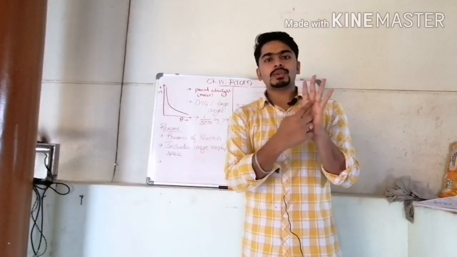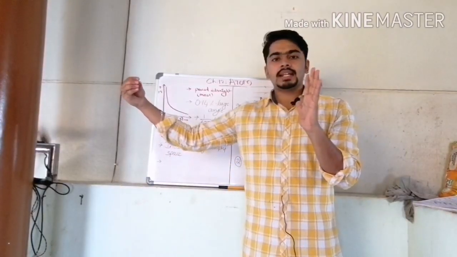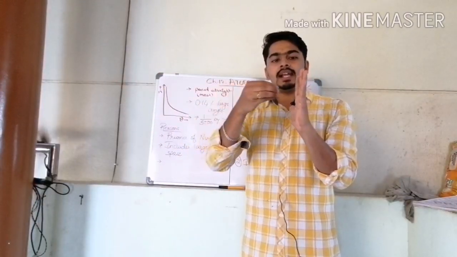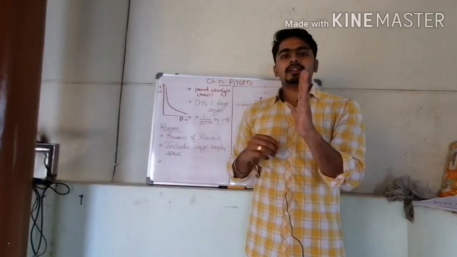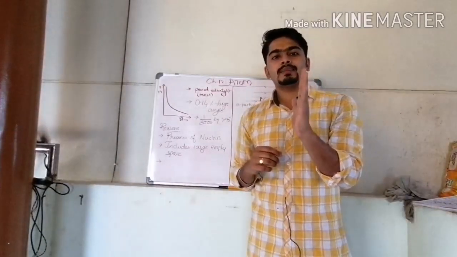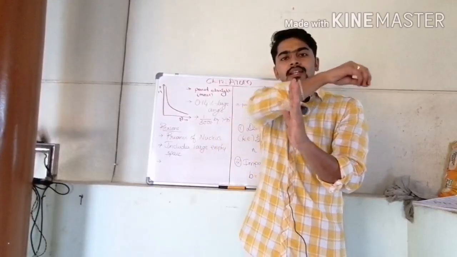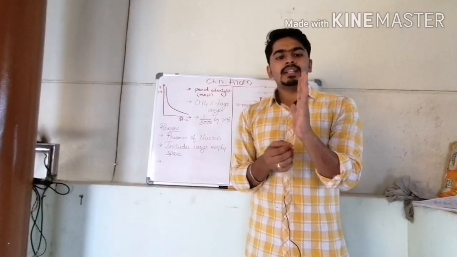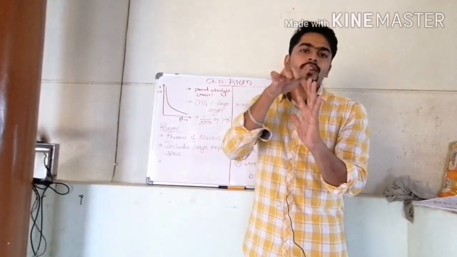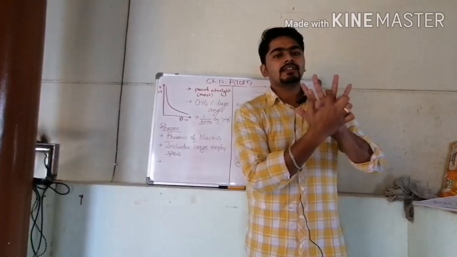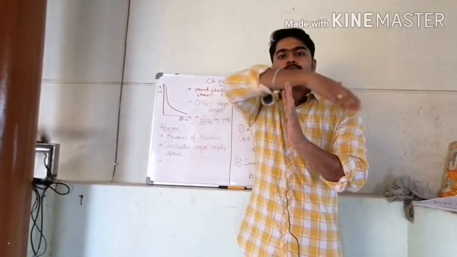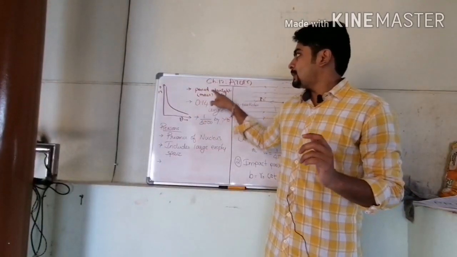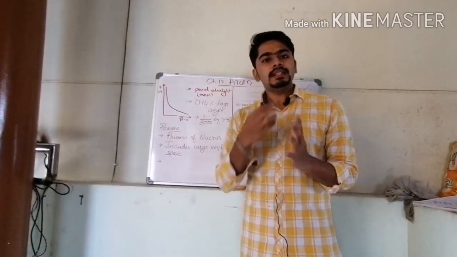The alpha particles come like this and move directly through the gold foil. Why? If they move in the same direction as they were incident, it means the atom consists of a large amount of free space. These are the free spaces here. So they move directly through the gold foil. Most of the alpha particles passed straight without any deviation.